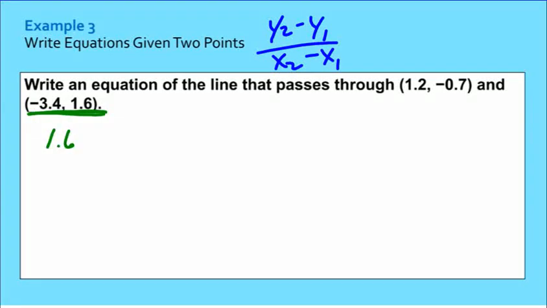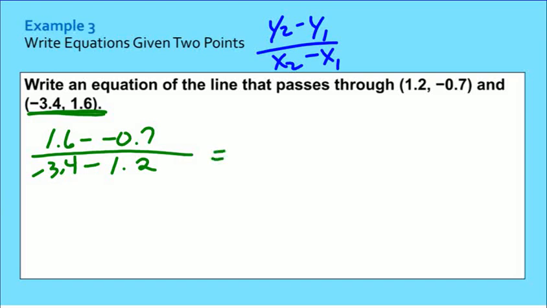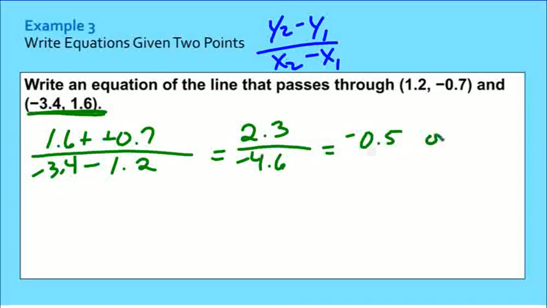I'm going to do 1.6 minus a negative 0.7 divided by a negative 3.4 minus 1.2. This is really 1.6 plus 0.7, which will give us 2.3, all over negative 3.4 minus 1.2, which gives us a negative 4.6. On my calculator, I just do 2.3 divided by negative 4.6, and I get a negative 0.5, or you can write it as negative 1/2.